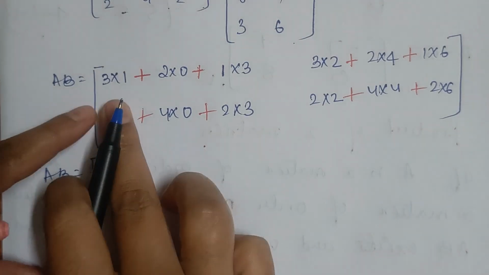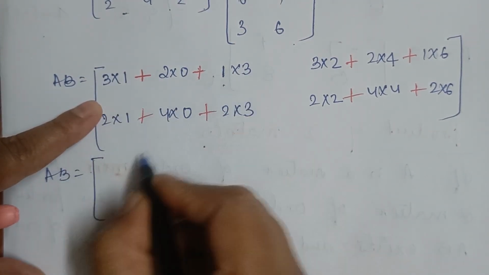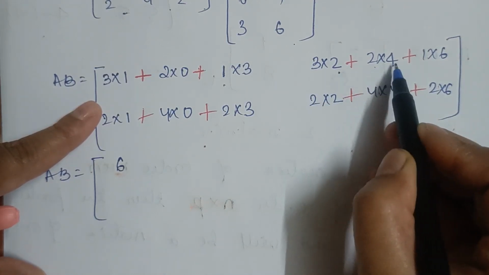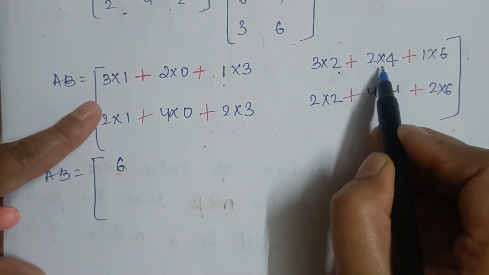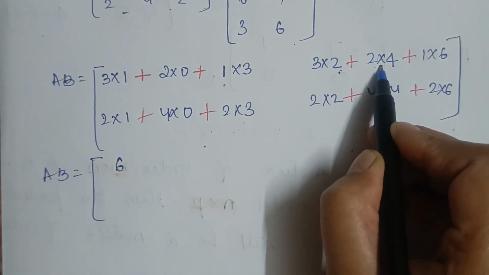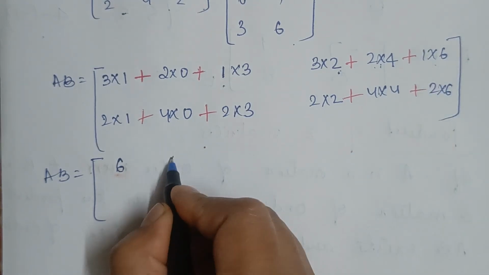So it is going to be 3 ones are 3, 0, plus 3. So this is going to be 3 plus 3, 6. Okay, 3 twos are 6 and 2 fours are 8. So 6 and 8 is 14. 14 plus 6 is 20.